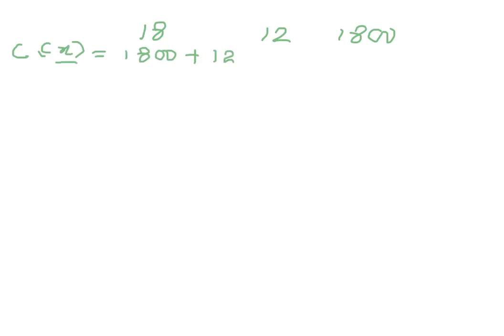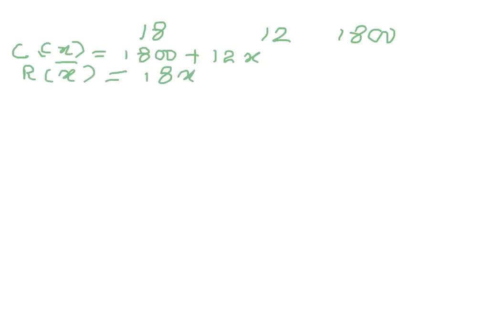Here the number of units is x. And our revenue function R, with per unit selling price 18, becomes 18x.